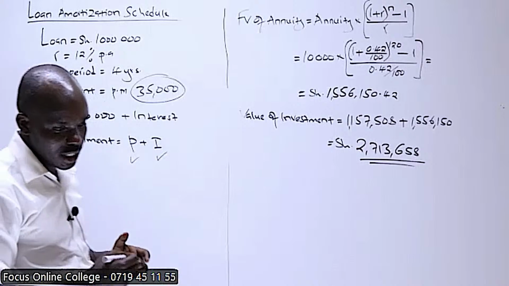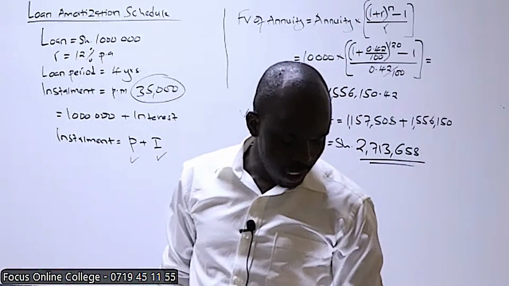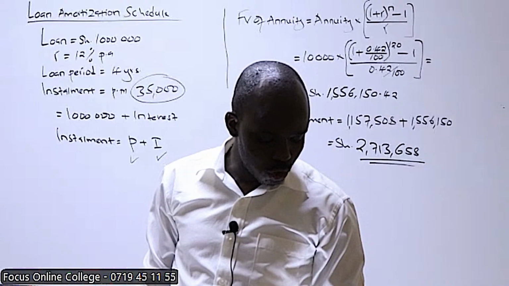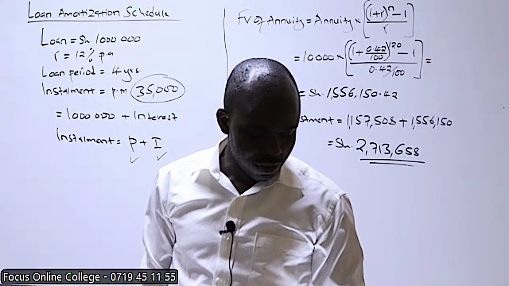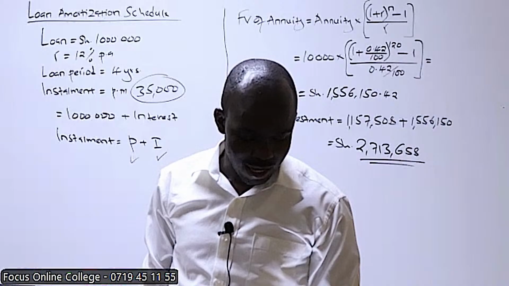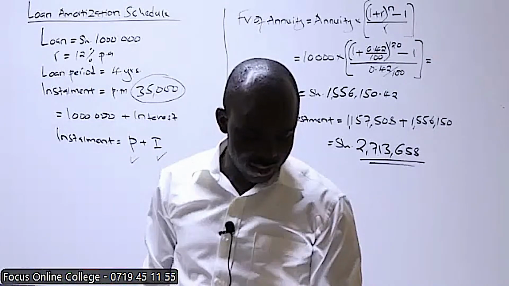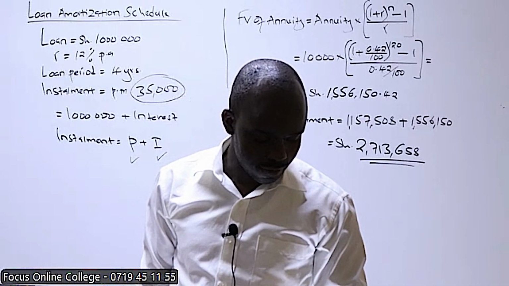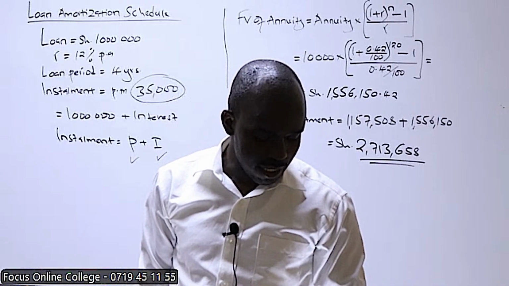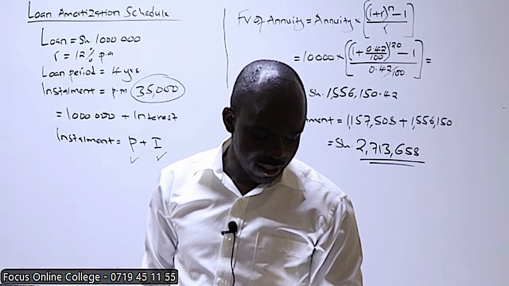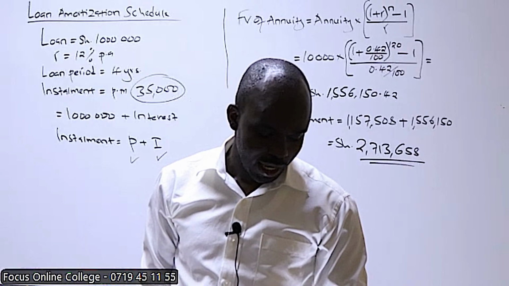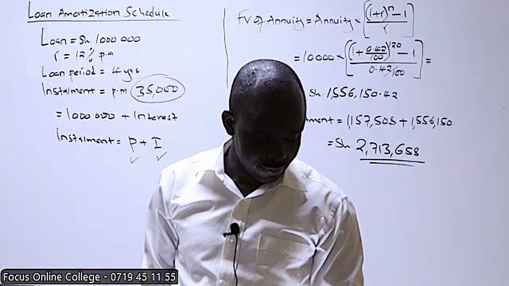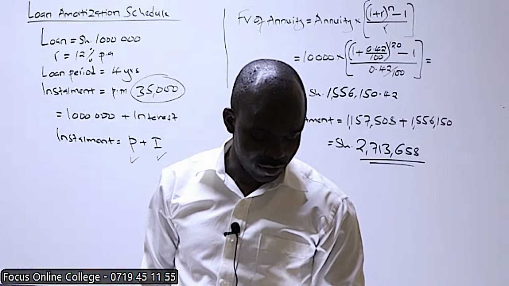So write one statement and say, a loan amortization schedule usually shows the interest charged for each period, installments paid, and the balance outstanding at the end of each period, full stop.